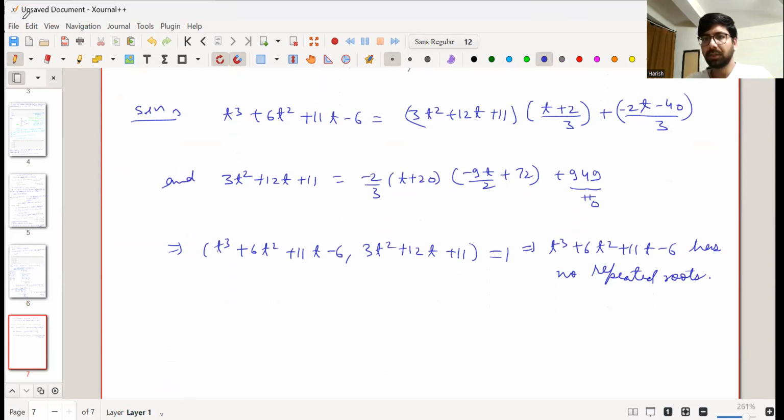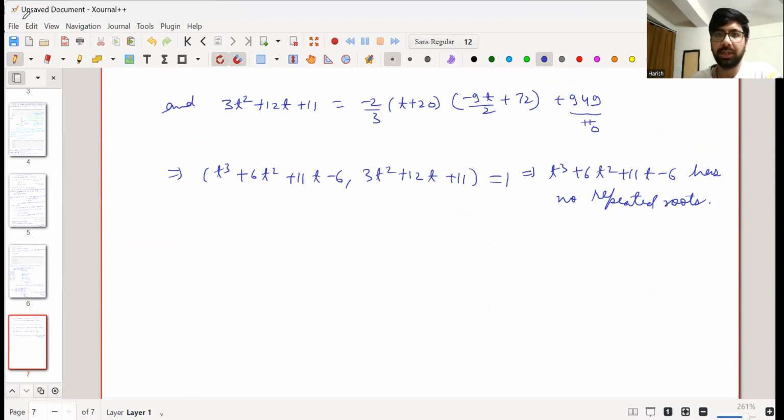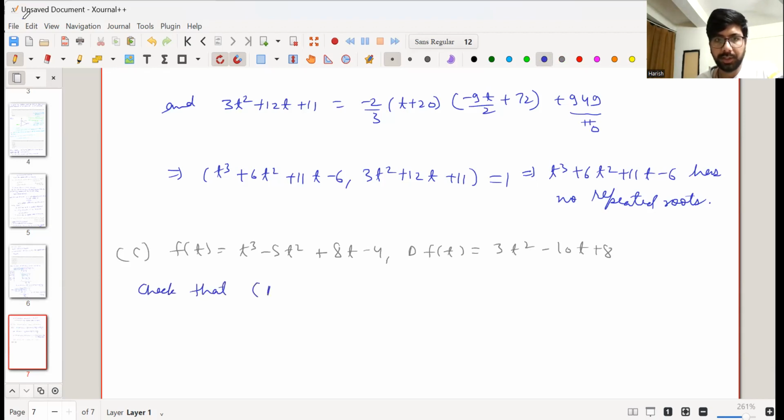So similarly, you can do the other two parts. I will just write what the solution is. So f(t) is t cube minus 5t square plus 8t minus 4, and d of f(t) is 3t square minus 10t plus 8, and you need to check that here GCD of f(t) and df(t) is not equal to 1. So repeated roots will be there.